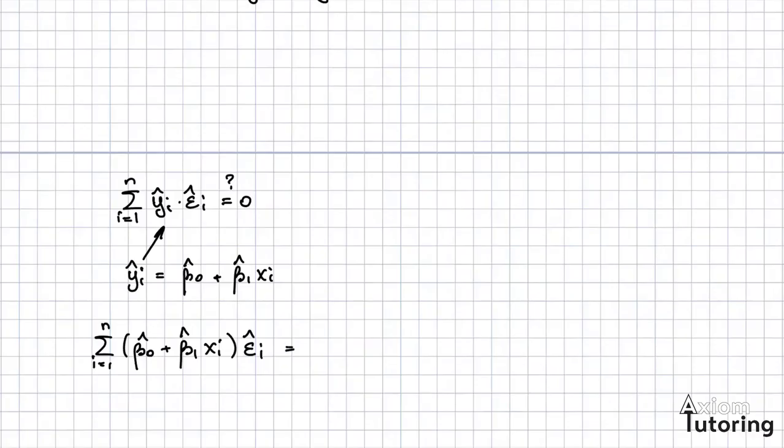From here, we can distribute the brackets, and we will find that this is beta null hat times the sum of the residuals plus beta 1 hat times the sum of xi times the residuals.